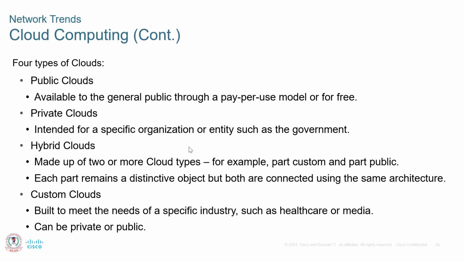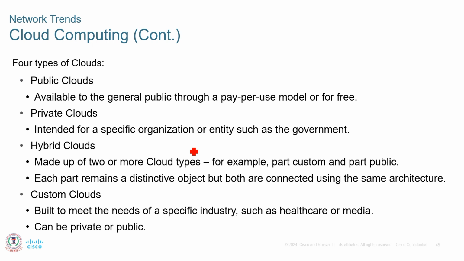We move on. You have different types of clouds. You have public clouds, available to the general public through a pay-per-use model or free. You have a private one, intended for a specific organization or entity such as the government.